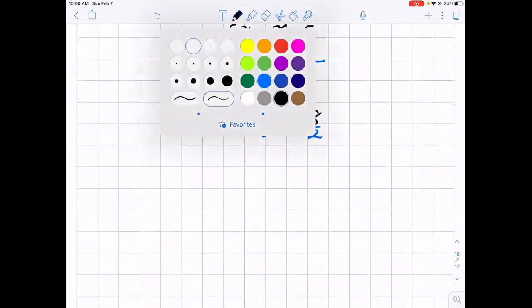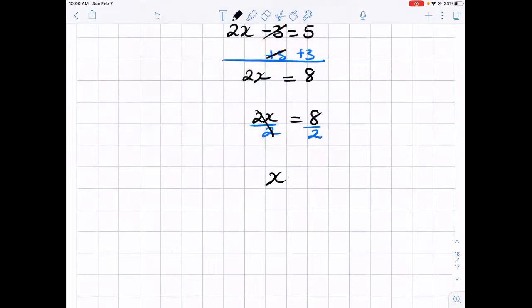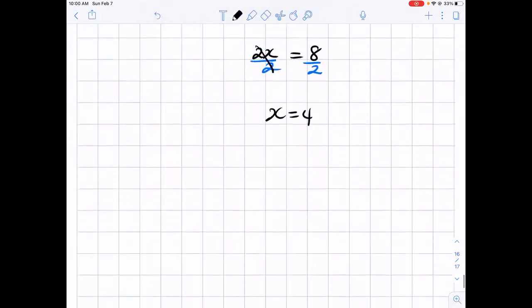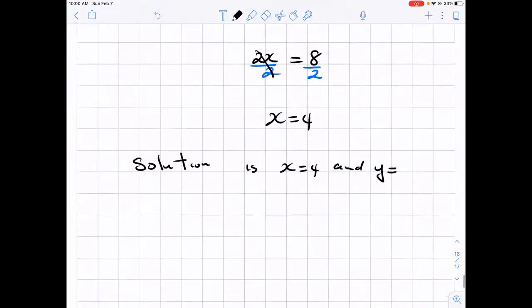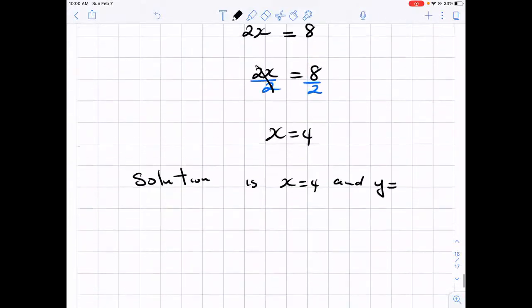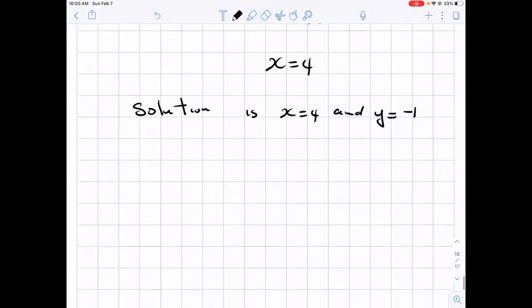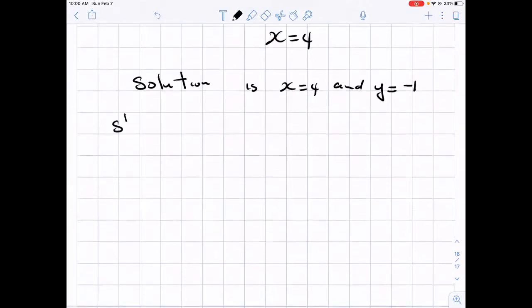Notice that the 2's will cancel, so x is equal to 4. So we see our solution is x equals 4 and y equals negative 1. Don't forget, you should check. So I'm going to leave the checking for you as a task.